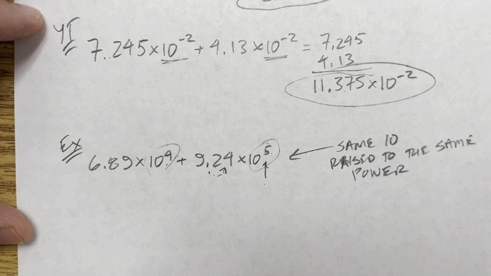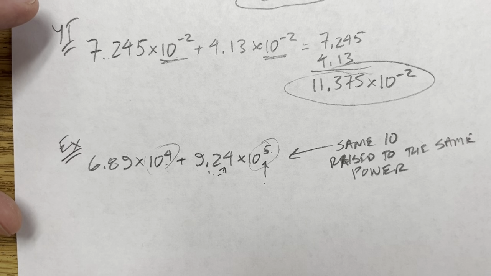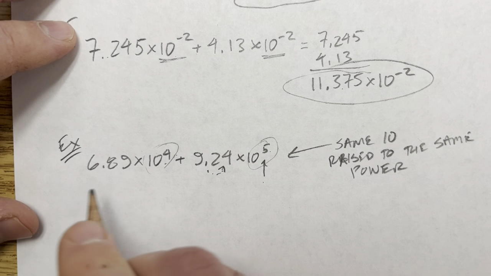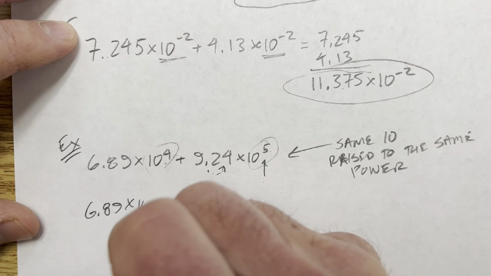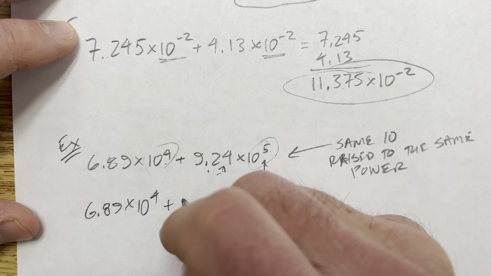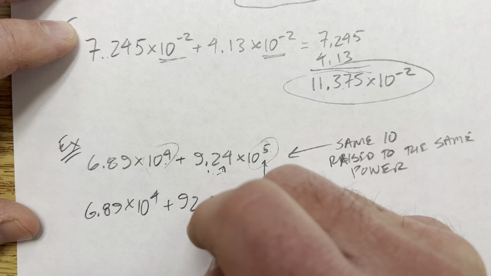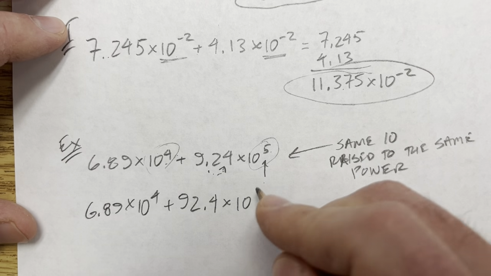Yes, I'm going to move the decimal one place to the right, and when I move the decimal to the right, I have to change my exponent. So let's rewrite this: 6.89 times 10 to the 4th first, and we're going to add to it 92.4 times 10 to the 4th.